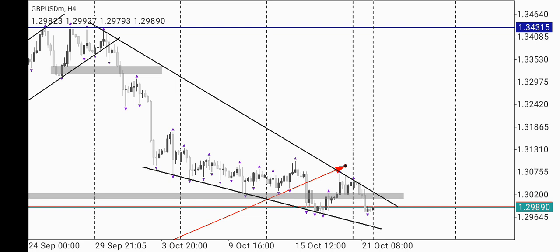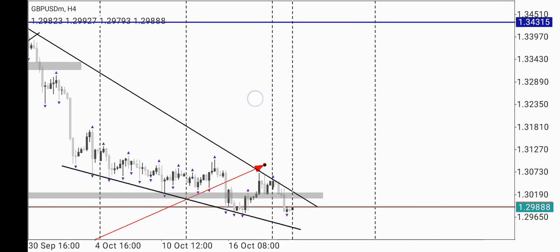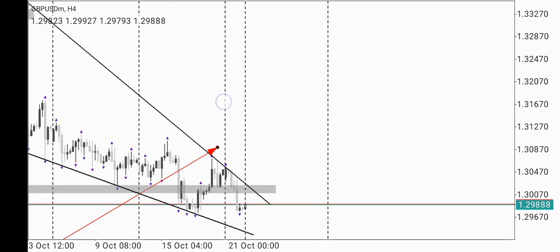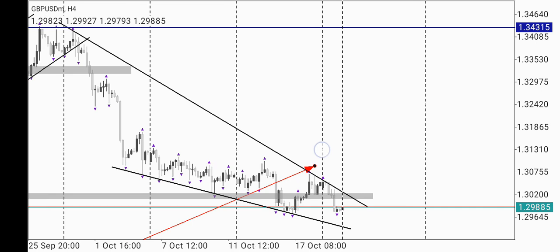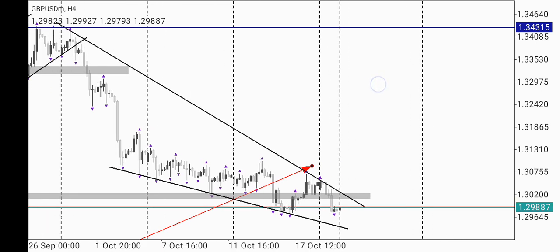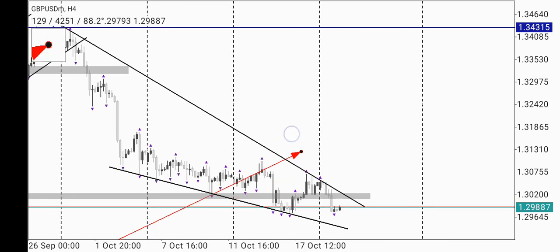Just draw your structure by simply identifying the larger outer part, which is this point. Let me repeat it. Identify the higher part, which is the swing highs and the swing lows. Then identify trends, maybe on the weekly.